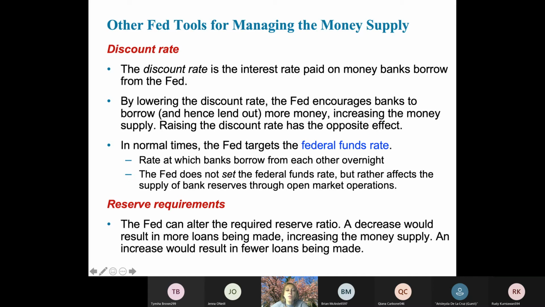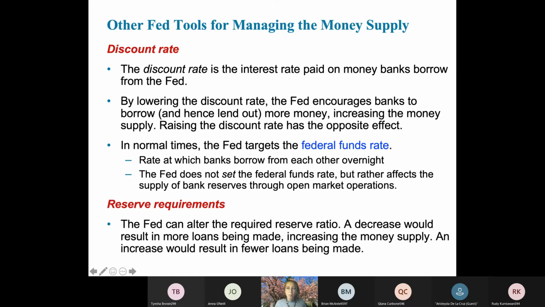Okay, so reserve requirement is another tool. You can technically make the money more plentiful by reducing reserve requirements, right? So by asking to keep only 9% or only 8% on reserve instead of the required 10%, okay? Or you can do the opposite.